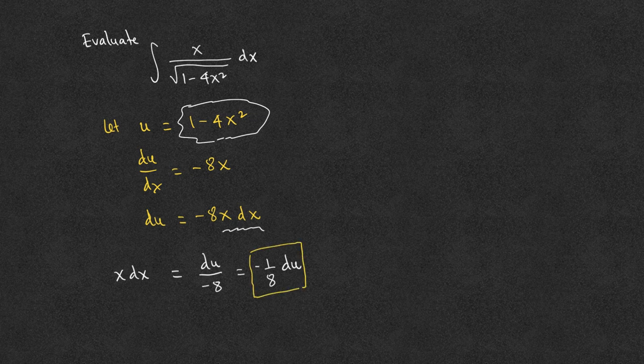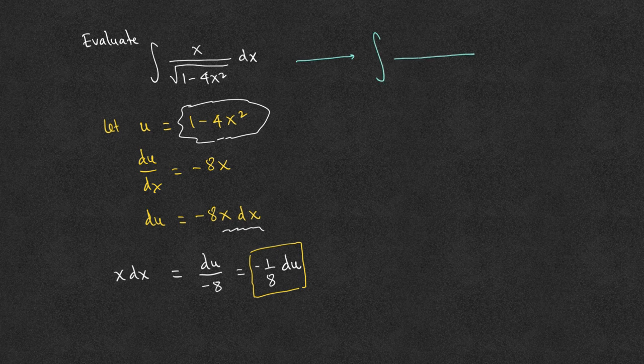To perform u substitution, we need to substitute every expression we see in the given integral with the new variable. In this case, the new variable of integration will be u. Everything needs to be accounted for. The integral sign stays the integral sign, and so does the fraction bar.